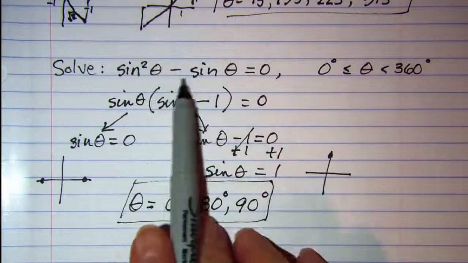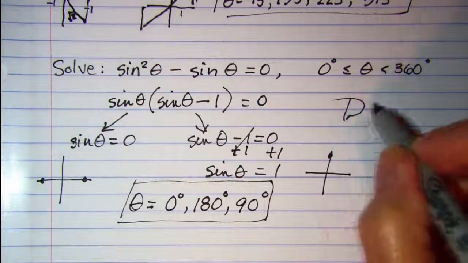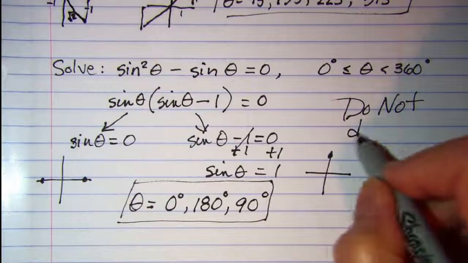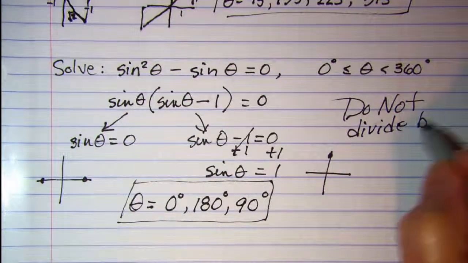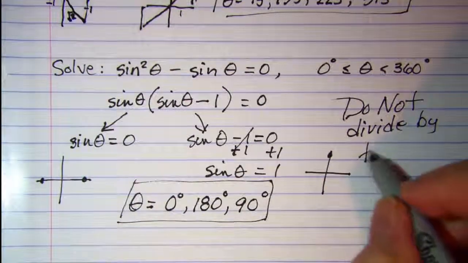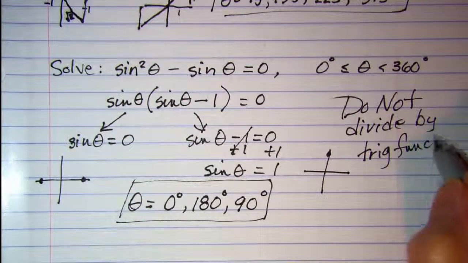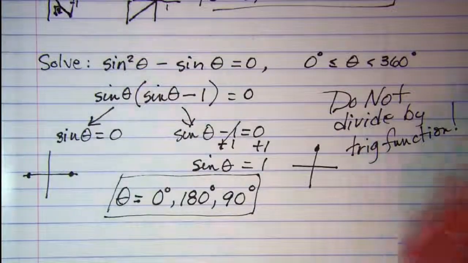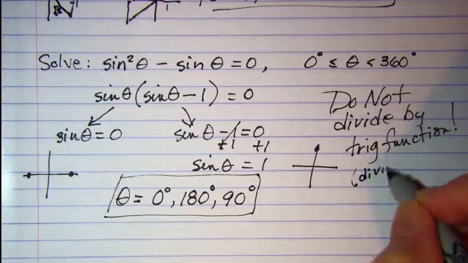So do not divide by a trig function. It could be 0. So division by 0.